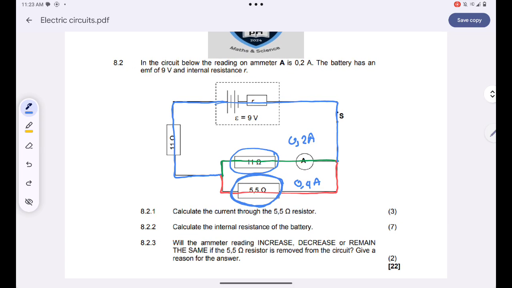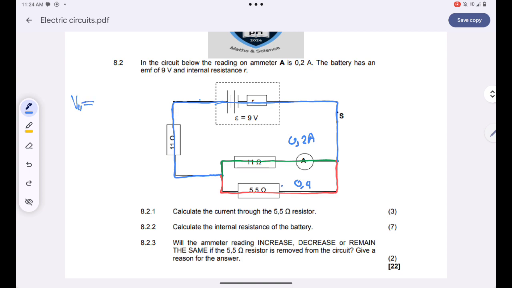There's something we need to know about resistors which are placed in parallel to one another. They have the same potential difference. If I can find the voltage across the 11 ohm resistor, that means I can simply find the potential difference across the 5.5. So the voltage, let me just call it V parallel because it's the same.